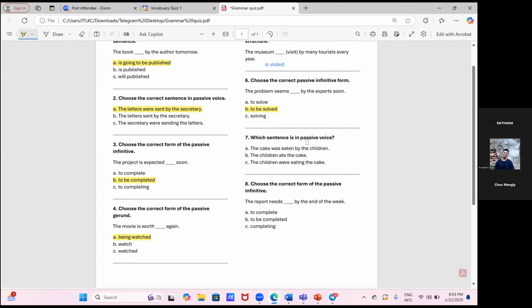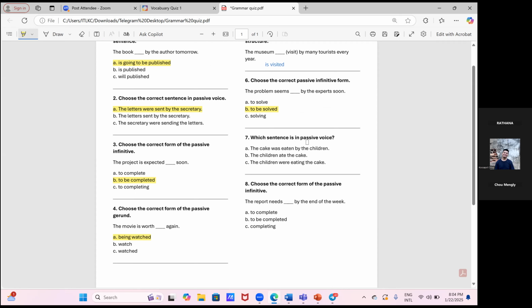Which sentence is in passive voice? The cake was eaten by the children. To be plus verb 3.